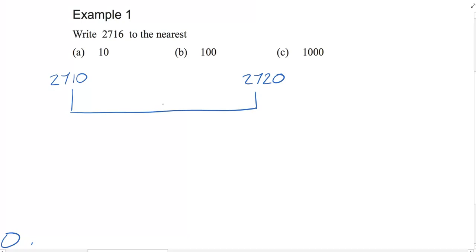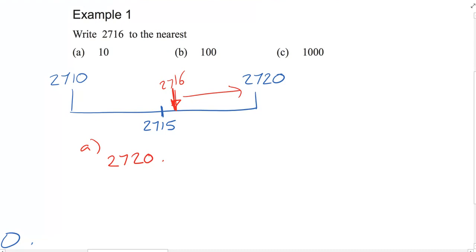So let's think about that middle marker between these two values, 2715, that would be right in the middle. And where does this 2716 fall? Well, clearly 2716 falls to the right of that. So that means we're going to round up, and our answer to A is 2720.